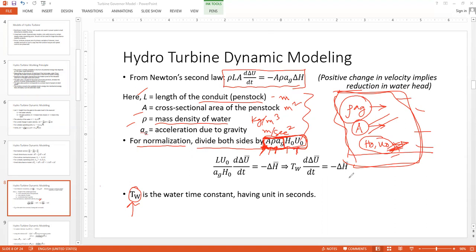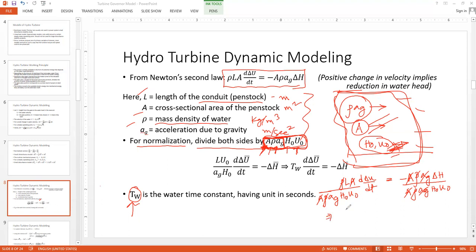You divide rho L A d del U by dt, which equals minus A rho Ag del H, by A rho Ag H naught U naught. So these things are cancelled. Rho and A are cancelled, and you are left with some Ag.